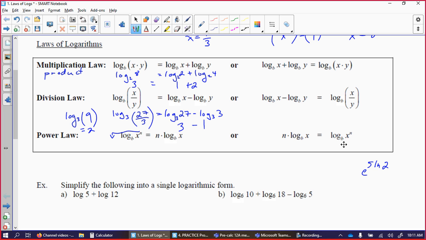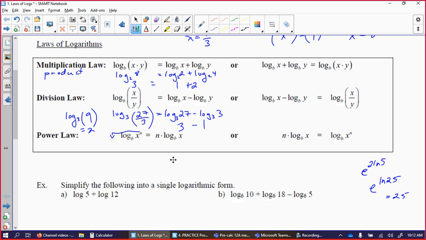Well, I can take this and go the opposite way and put that up. E to the ln. Oh no, it was 2 ln 5. If I move that up there, I get 5 squared, which is 25. So that was 25. That's the law that I was trying to use.